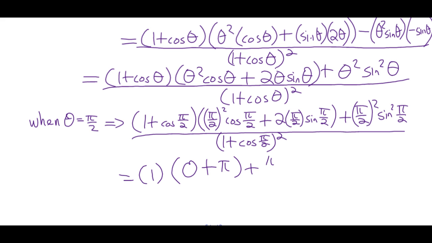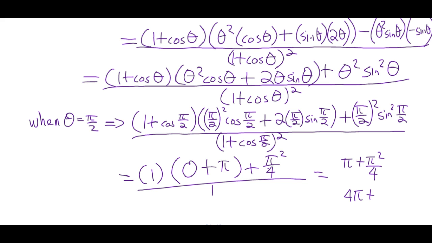So pi squared over 4, pi squared over 4, over 1. Again, that's 1 plus 0, 1 squared, 1. So we got pi plus pi squared over 4, or if you like, 4 pi plus pi squared over 4. Either one of those, who cares? They're the same.